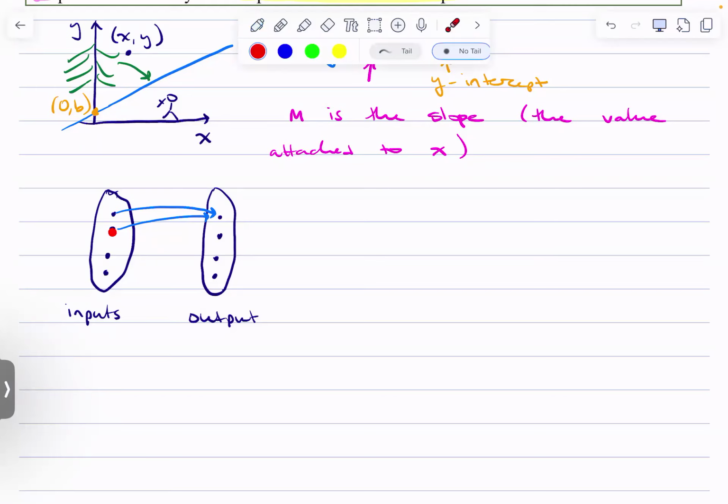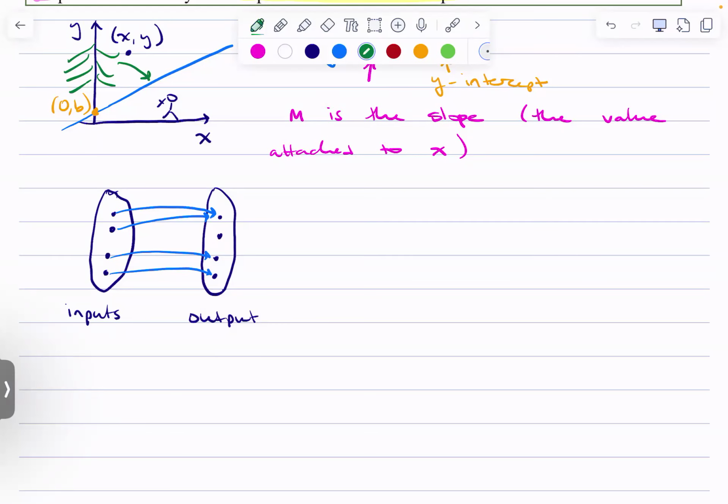Because this input yields one output, right? Doesn't matter if it's the same output here as the first item, okay? And then we can have maybe like this and maybe like this. Notice in this case, not all the values went to an output. That's okay. They're potential outputs.